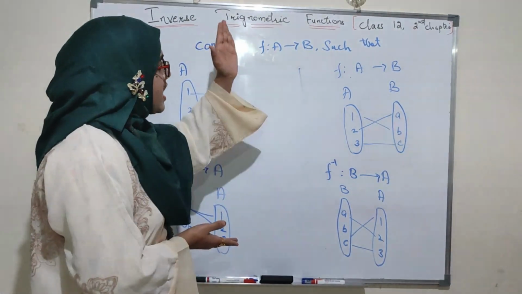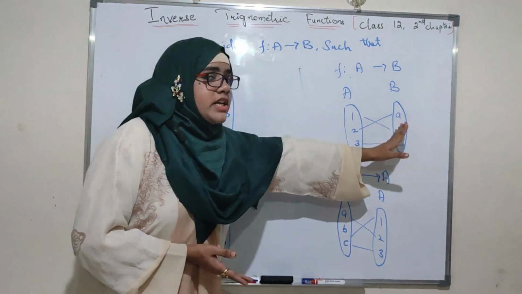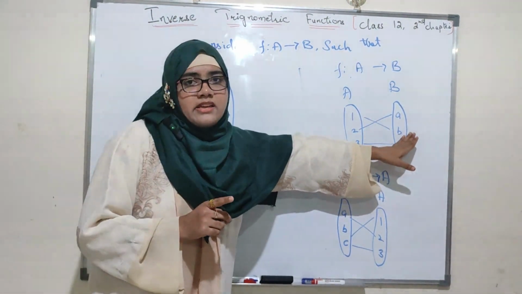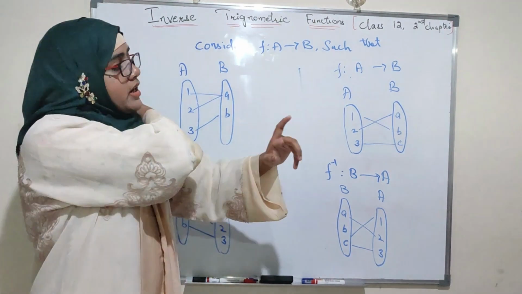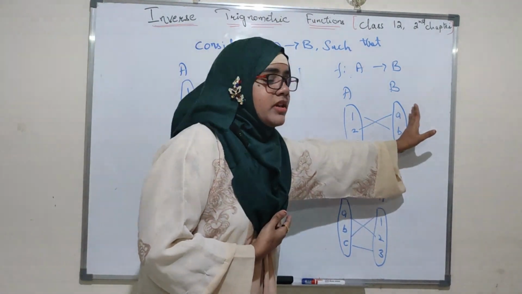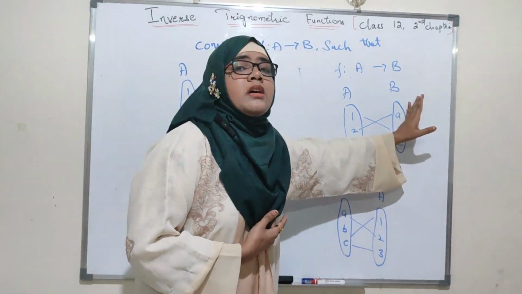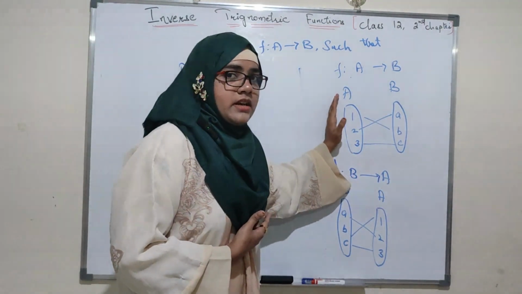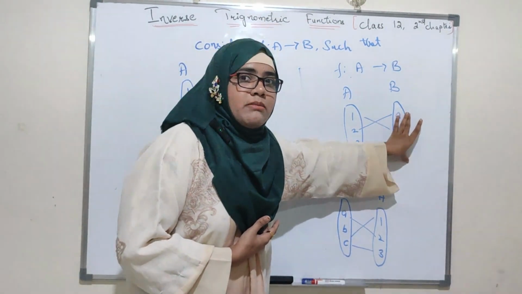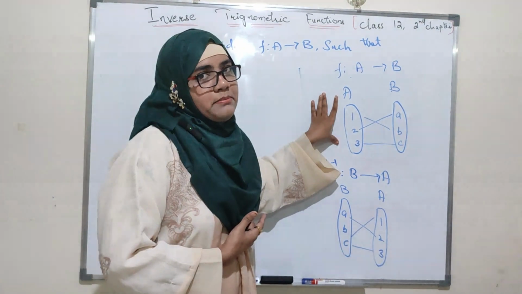What is one-one? Every element in the first set will have only one image in the second set. And what is onto? Every element in the second set will be the image of some element in the first set.